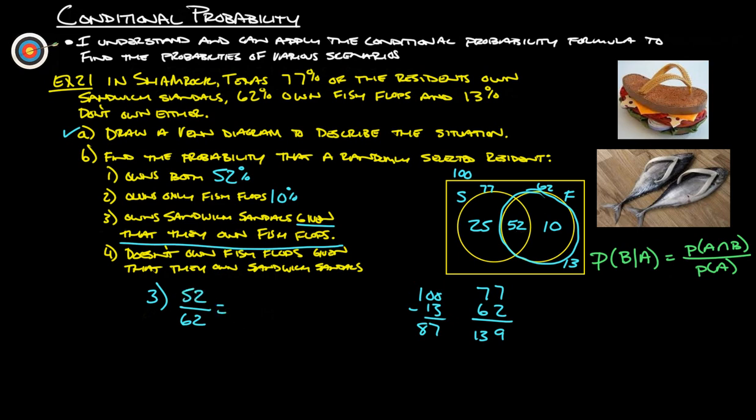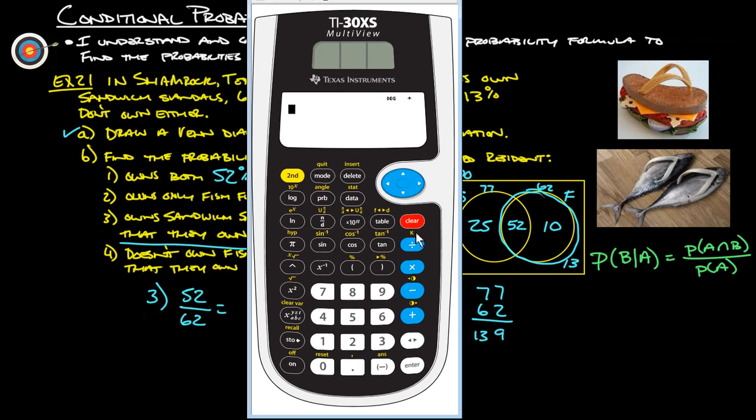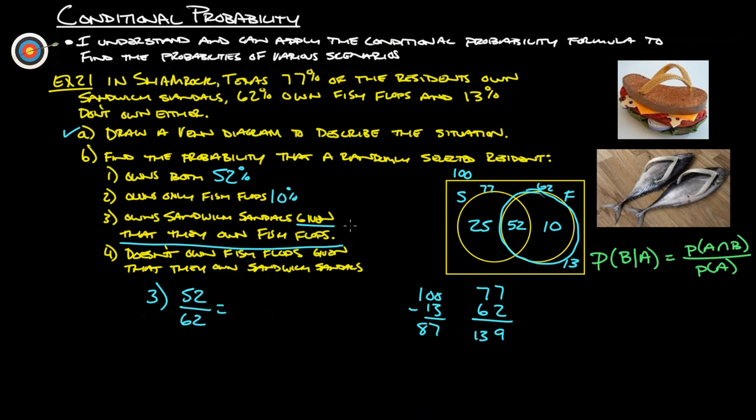So 52 out of 62 will tell us our percent. We do 52 divided by 62, and we get 83.9% if we round it off to the nearest tenth. Is that right? Yep, 83.9.